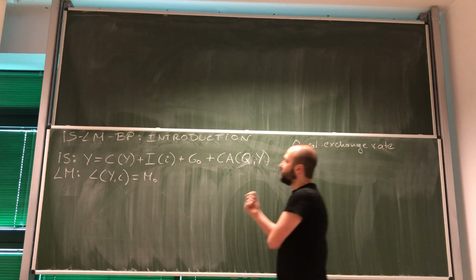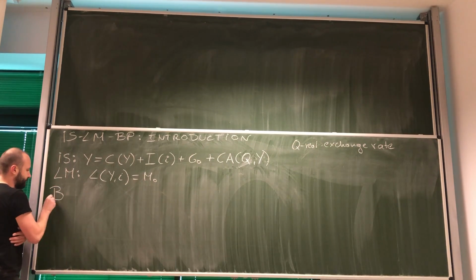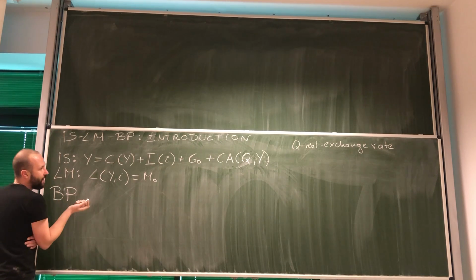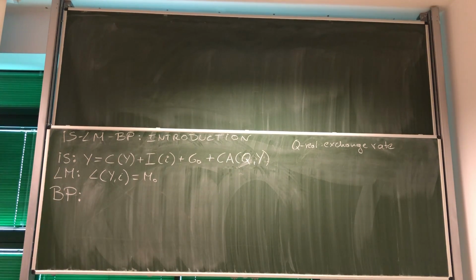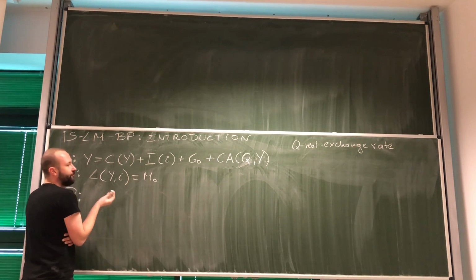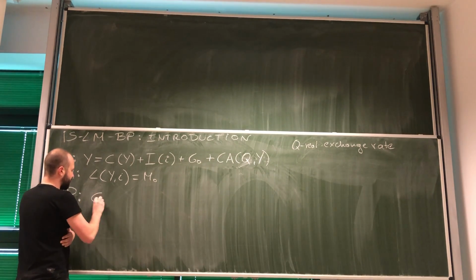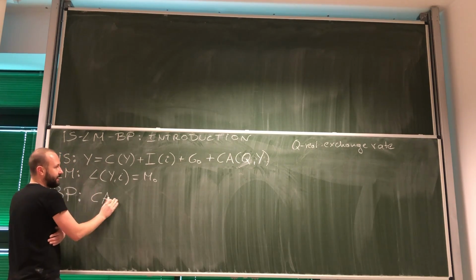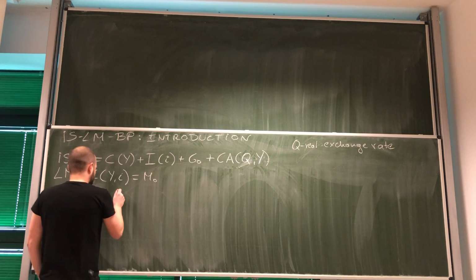And look, this equation, as the name suggests, is BP, from balance of payments, and it's going to be made out of a simplified balance of payments. It's going to be the current account, exactly the same trade balance that we see over here.